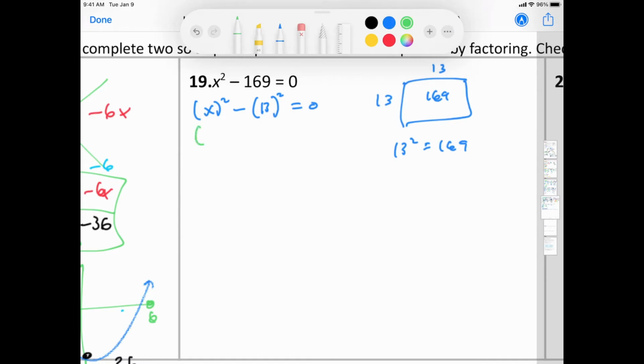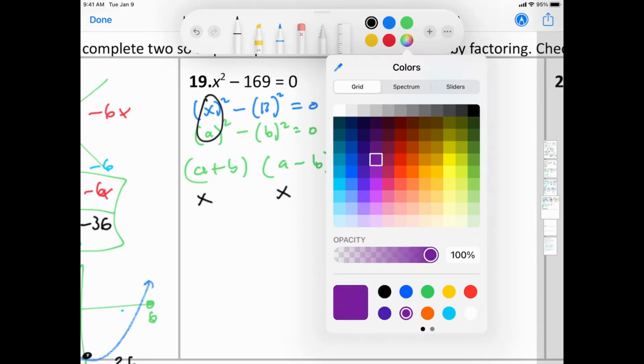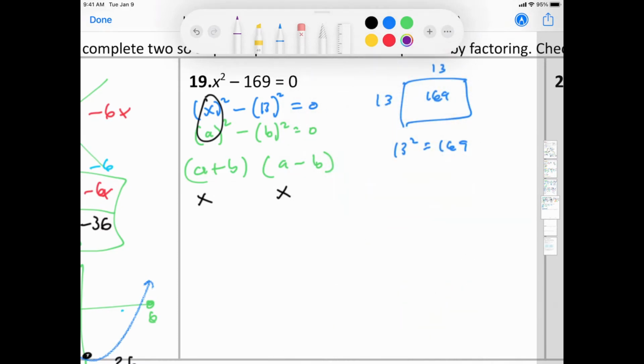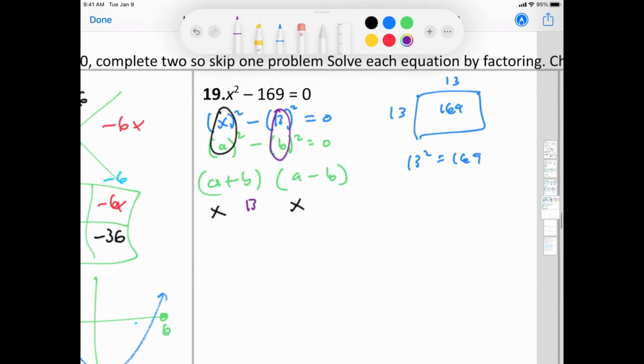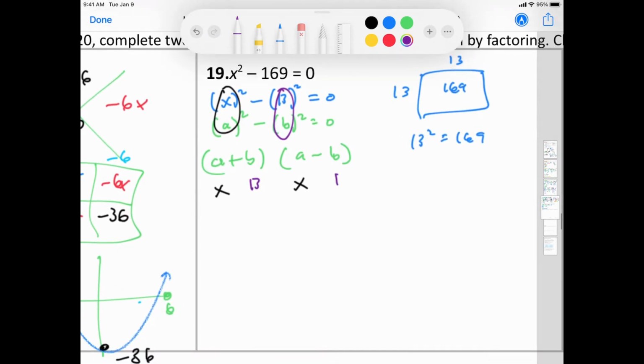Okay, so if you put this into the formula, again, this is just the other way of solving it. The formula is a plus b, a minus b. So if a is equal to x, and b is equal to 13, then you get x plus 13, and x minus 13.